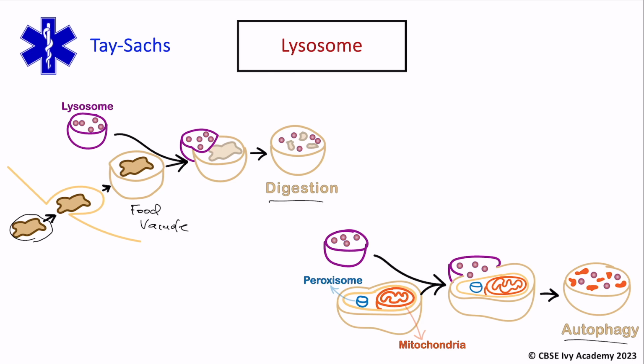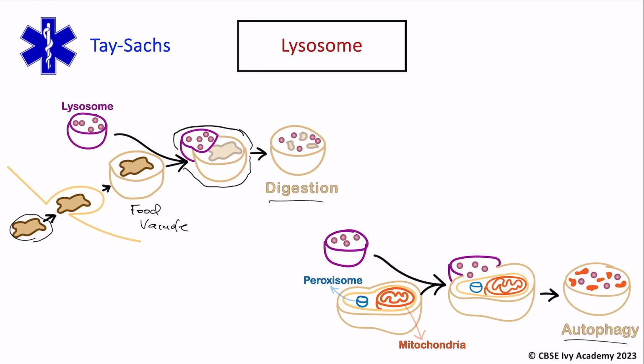And then that food vacuole will go ahead and merge with a lysosome, which has these hydrolytic enzymes inside of it. And then those enzymes will go ahead and degrade the food. And that is the process of digestion.